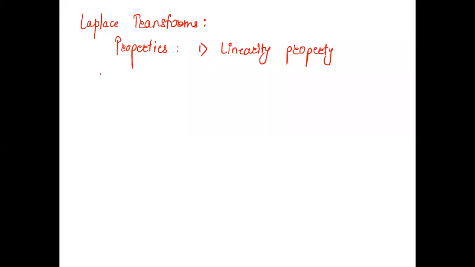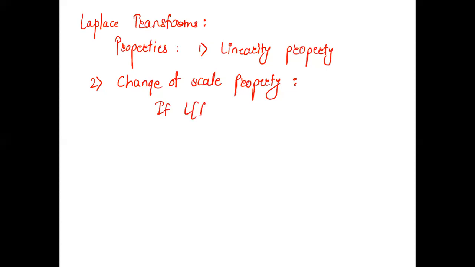We have seen. So now we are going to see the next property, that is change of scale property. Give the heading change of scale property. Okay. So its statement is, if Laplace transform of f of t is f of s. We know this, right? If we solve Laplace transform of any function of t, we get it in s. So any function of s.